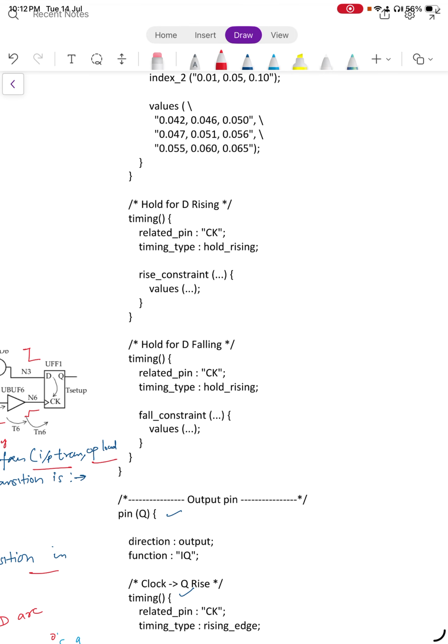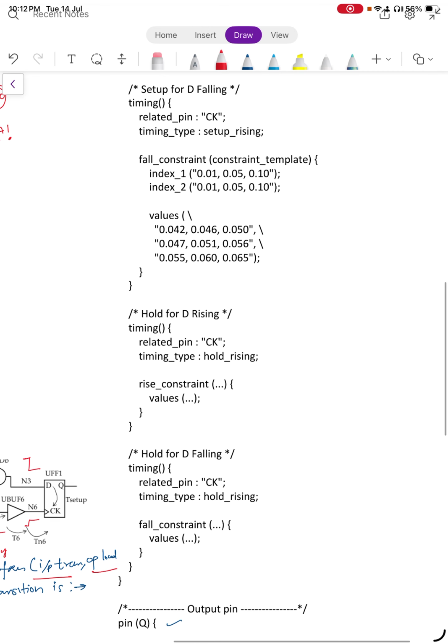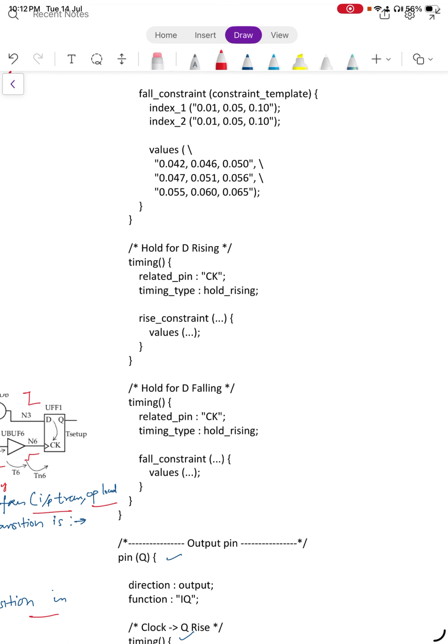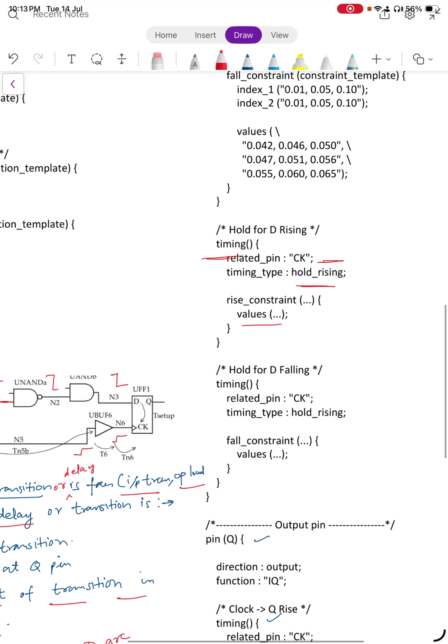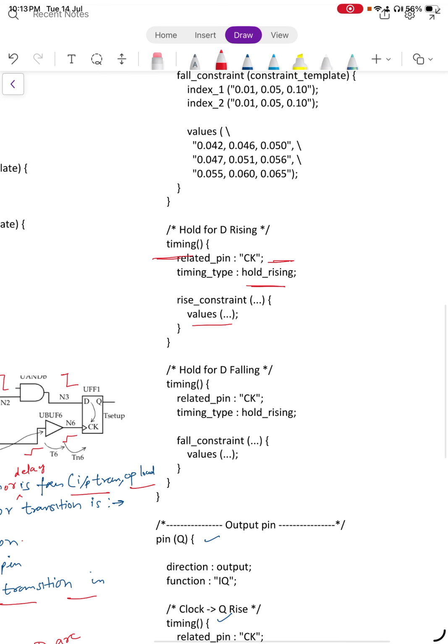Here in this example, we have the timing section. The related pin is clock and the timing type is hold rising. It is not given here, but it is in the form of a 2D table, like we saw in the case of transition.